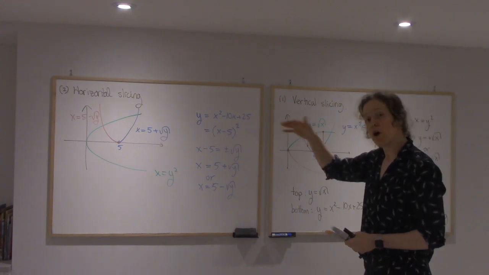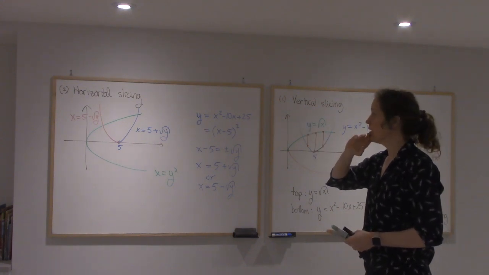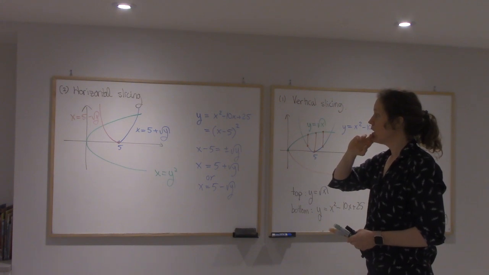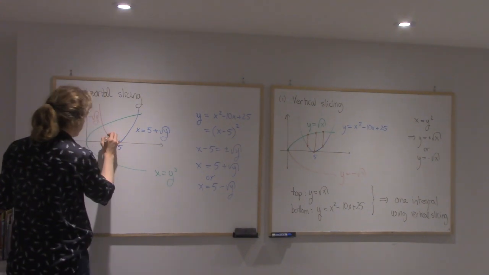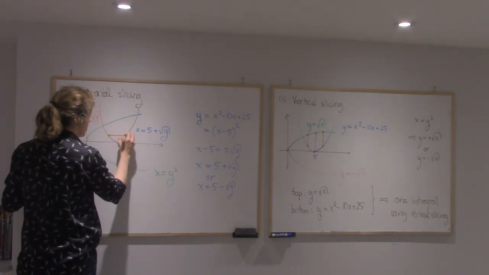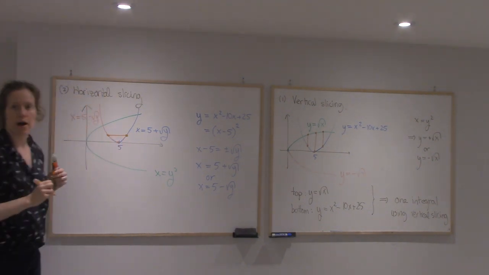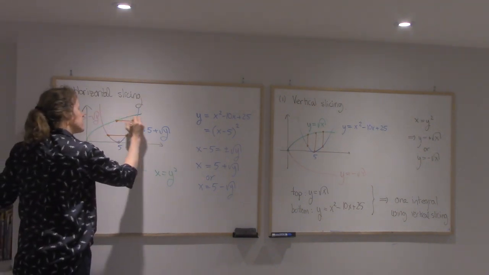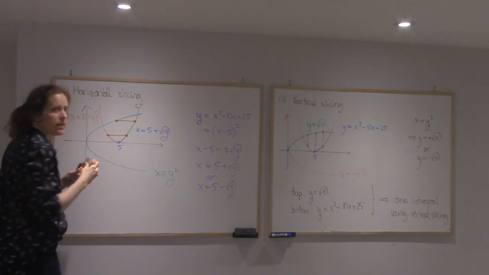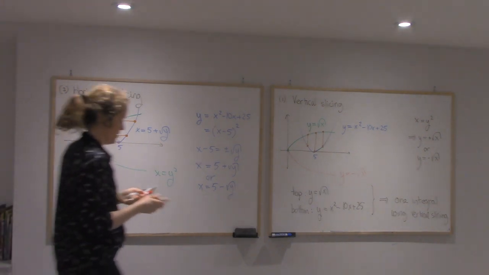Now, when I draw my horizontal slicing here, something's going to happen to left. For small values of y, left will land on the red curve. For big values of y, left would land on the green.